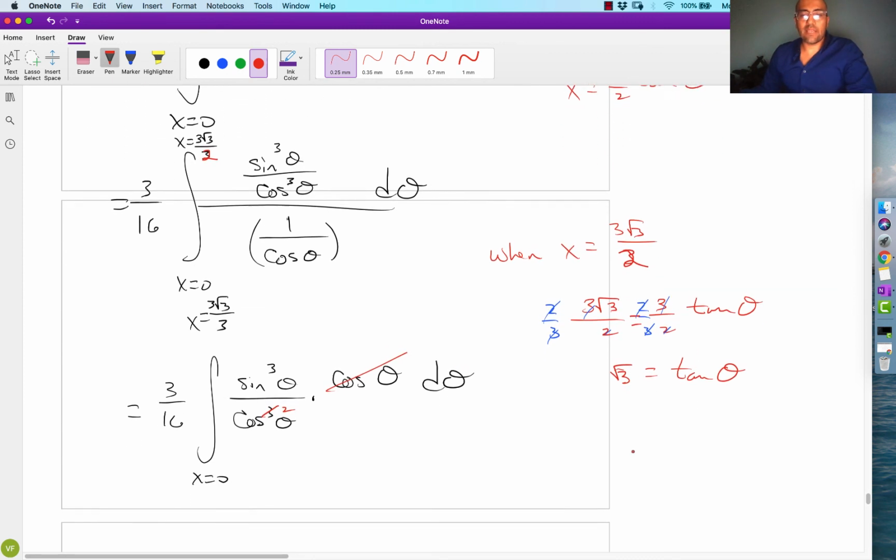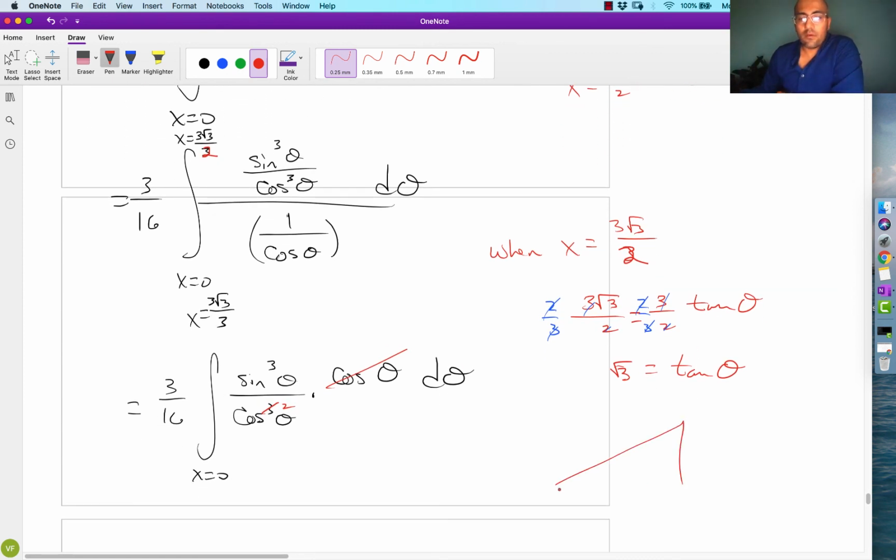Think about the standard triangle of pi over 3, which is 60 degrees. Let's go that way. I think most people memorize it in terms of degrees. So this would be 60 degrees, this would be 30 degrees, this is 2, this is 1, this is root 3.